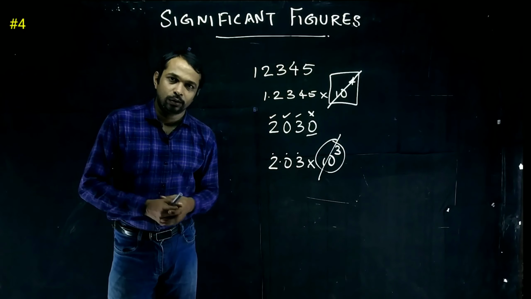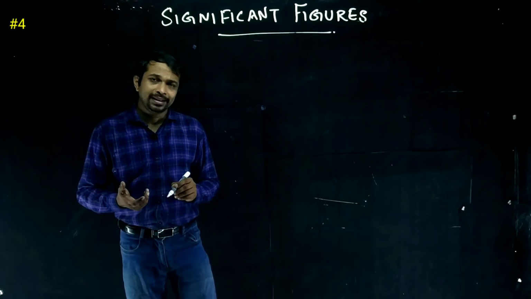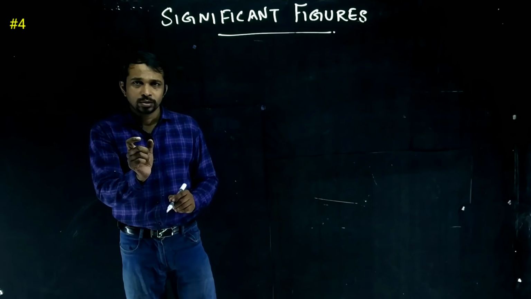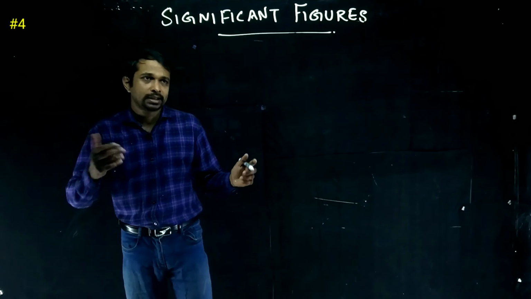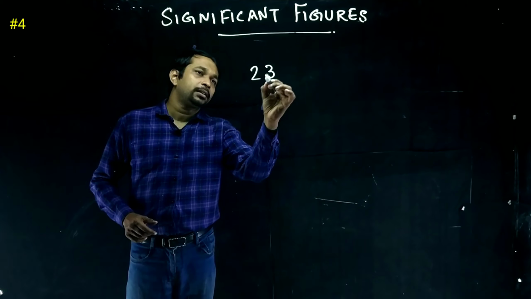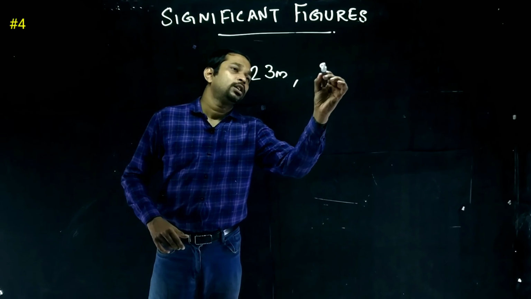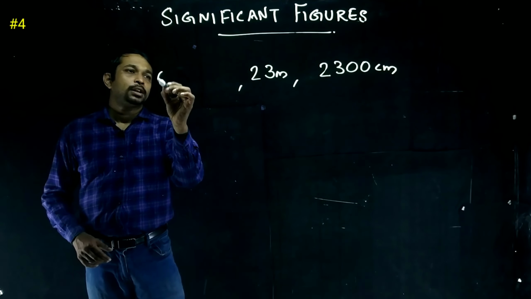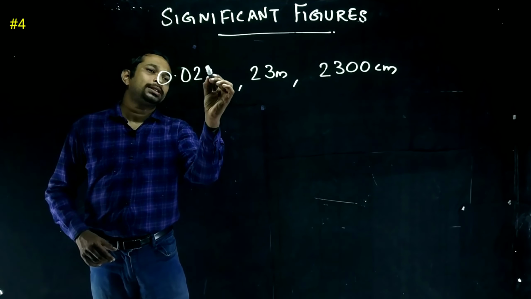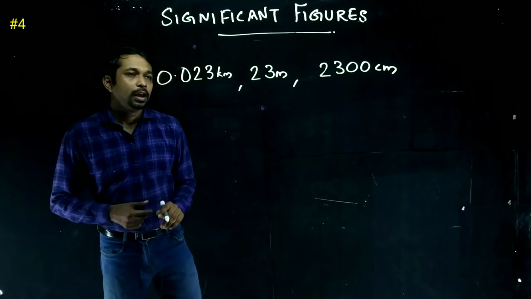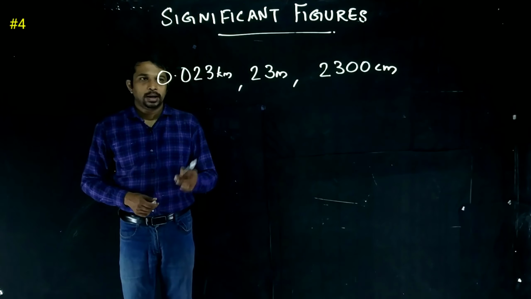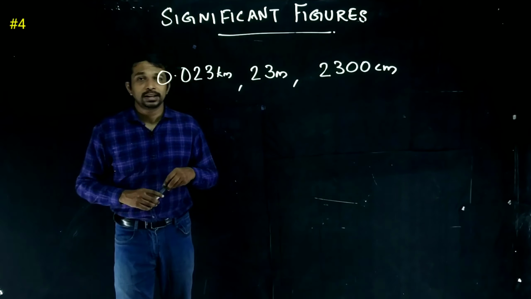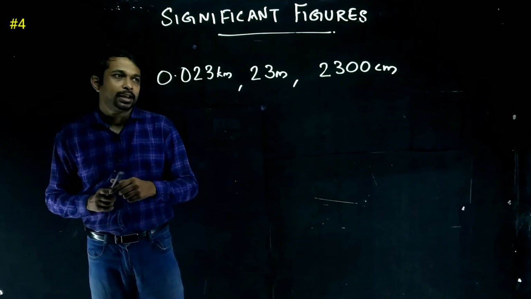So that is the way we are finding out the number of significant figures when we are writing a number in scientific notation. One thing you have to note is whenever we are writing a value according to different units, for example, you can write 23 meters, and this is same as 2300 centimeters, and this is same as 0.023 kilometers. In all these three expressions, the number of significant figures are same.